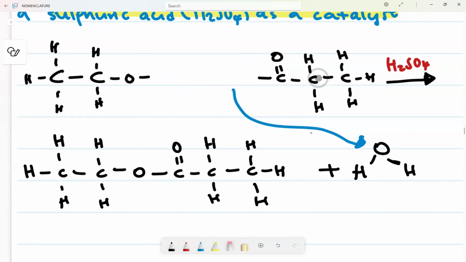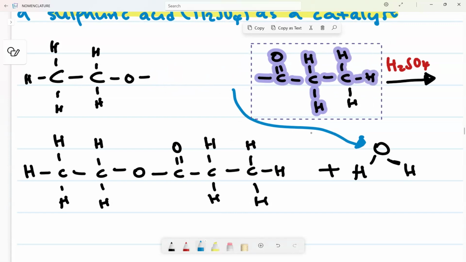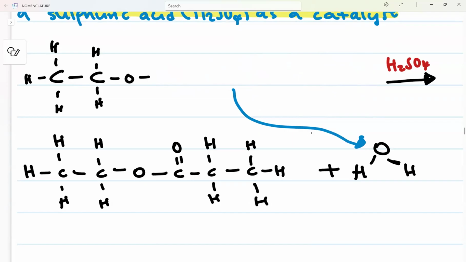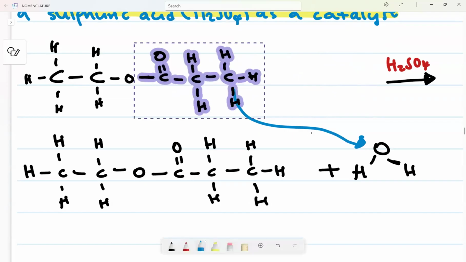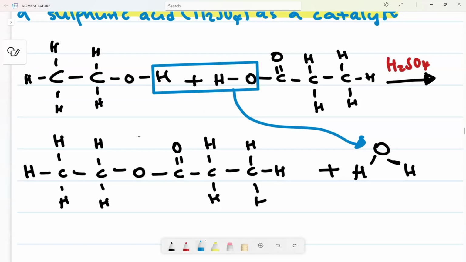Voila. It is still the same thing. So this is basically what happens when you remove water. And this is a byproduct.